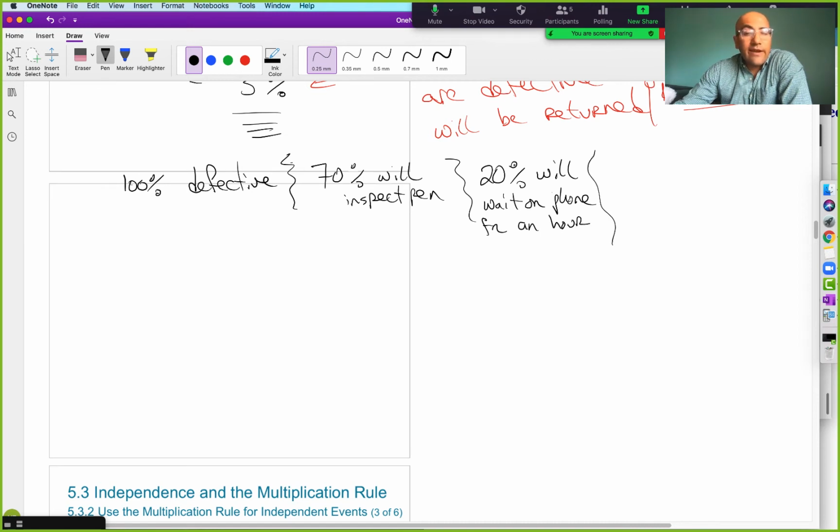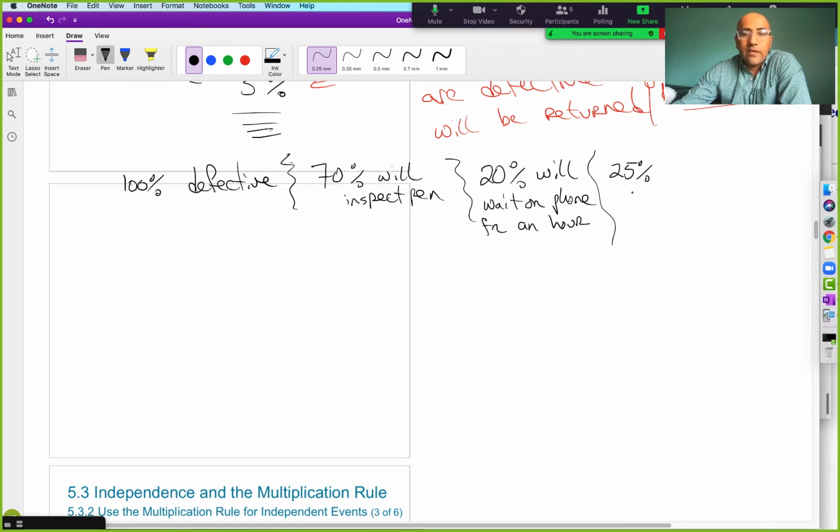Okay, once they finally get through to somebody, that person is going to say, okay, I understand. We need you to write us a letter and tell us in written form that you want a refund. And that's already a big obstacle, right? And I'm just guessing these numbers. Let's say I decide that, based on intuition and a little bit of research, only 1/4 of the people that are told that they have to write a letter and mail it in to get a refund actually do it.